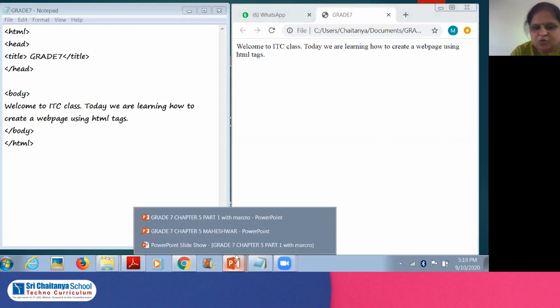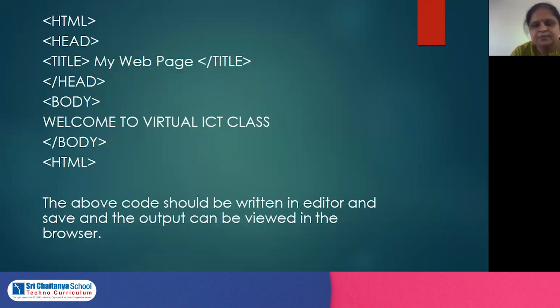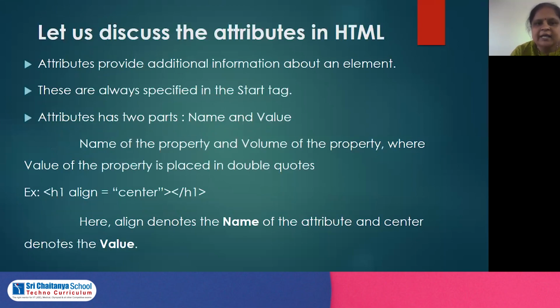Now let us go back to our presentation. Okay, now let us discuss the attributes in HTML. What are these attributes? Yes, attributes provide additional information about an element. About any of the elements which we are writing, it will give additional information about it.